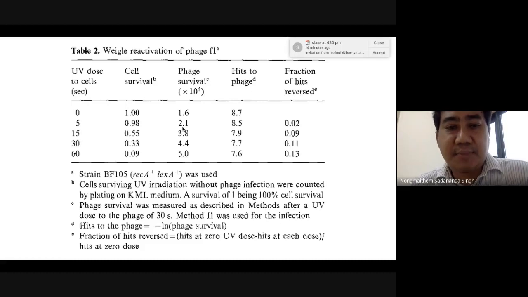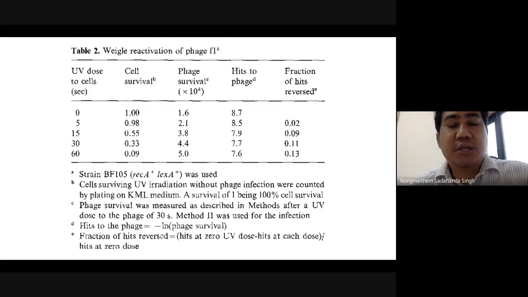So what does this mean? If you look further down, at 15 seconds, 30 seconds, 60 seconds of exposure, the survival of the host cell goes down, but the survival of the UV-irradiated phage improves. This leads to the hypothesis that inside the host cell, exposure to UV radiation induces a certain response which helps in better survival of the phage.